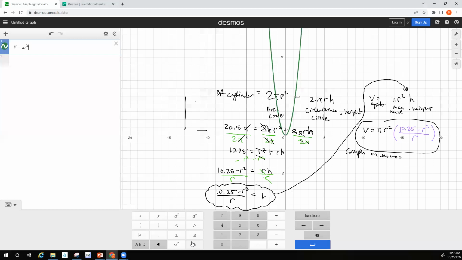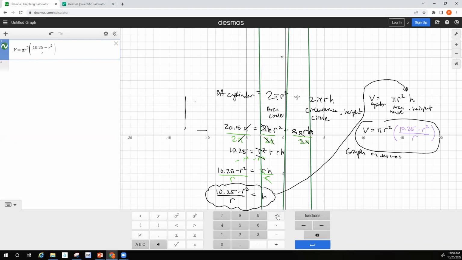Bring the cursor down. Parentheses. And I'm going to hit division for now so I can get that fraction bar to lengthen itself on its own. 10.25 minus r squared over r. And there we go.